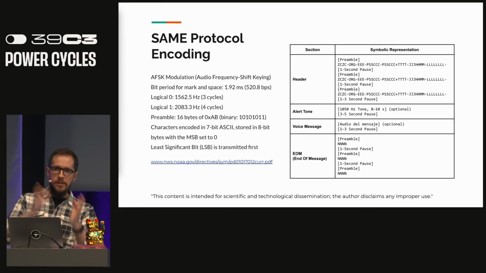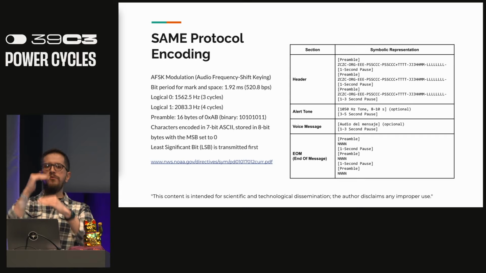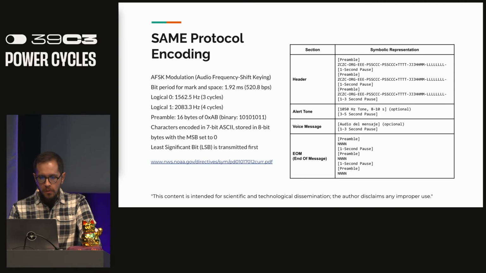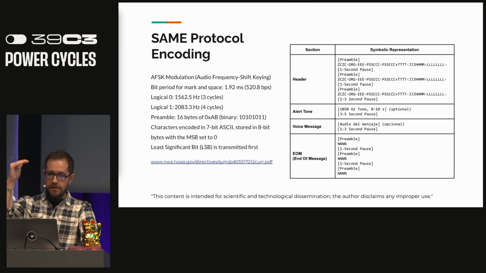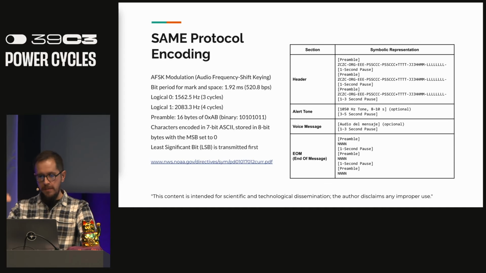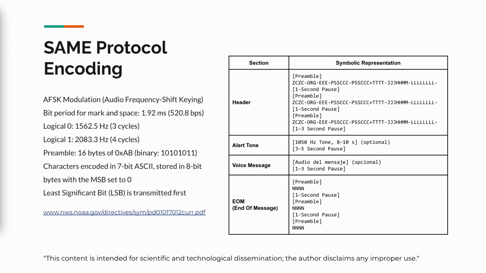You send each frame 3 times, and the receiver must choose 2 out of 3 for each byte to construct a message. So there is first the header, that's 3 frames. Then there is an optional alert tone, also for backwards compatibility with the radios from the 70s. Then there is an optional voice message. And then there is an end of message.